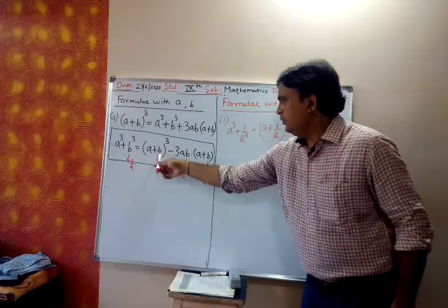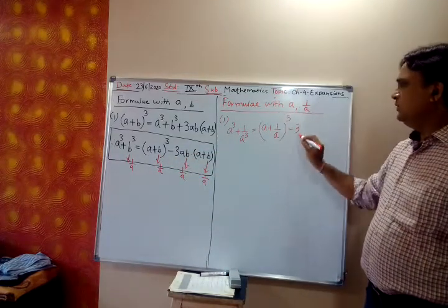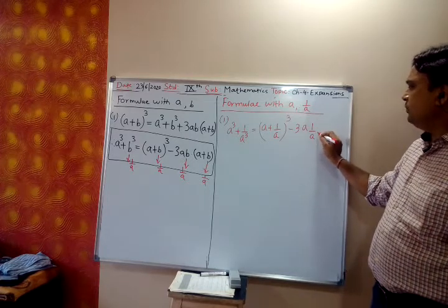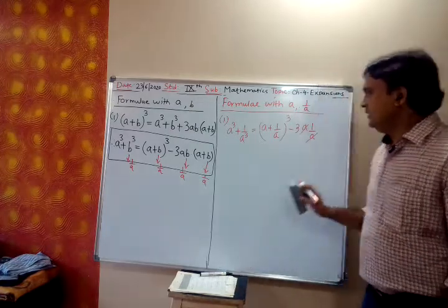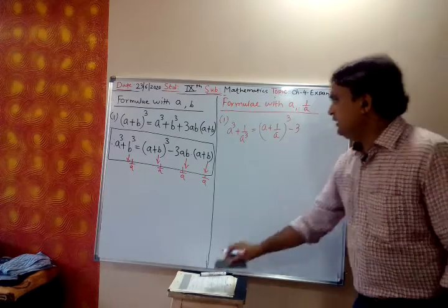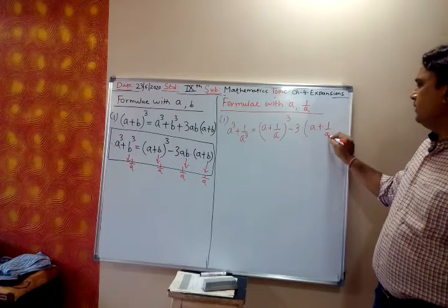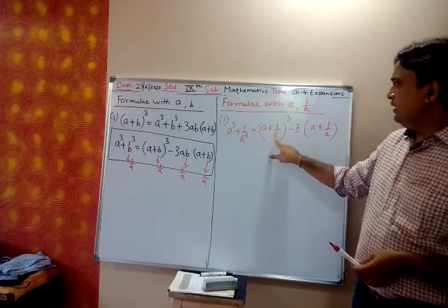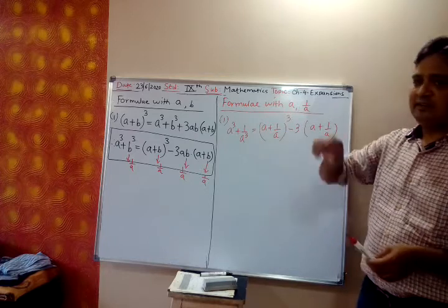minus 3 into a into b. Now see, a into 1 upon a get cancelled, so I will write directly 3 into a plus 1 upon a. Inside the bracket, a will not cancel because between them we have a plus sign.